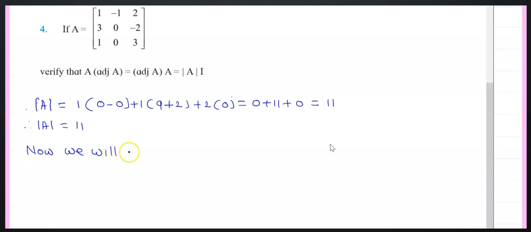Now next, we will find the cofactor matrix.